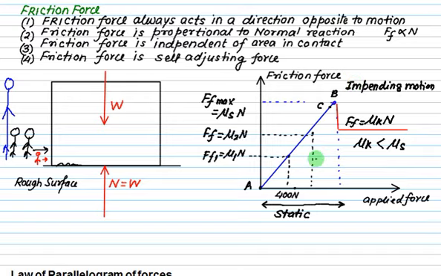But any force that exceeds this, your body will come in motion. So as far as the first part is considered, your equation is sigma Fx equals 0. Remember this: sigma Fx is 0. And what is sigma Fx?